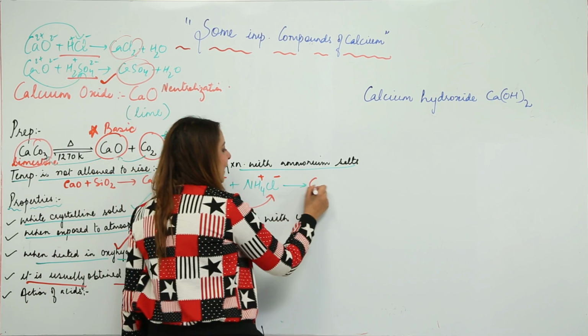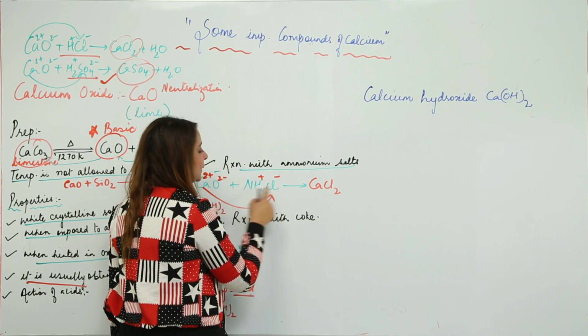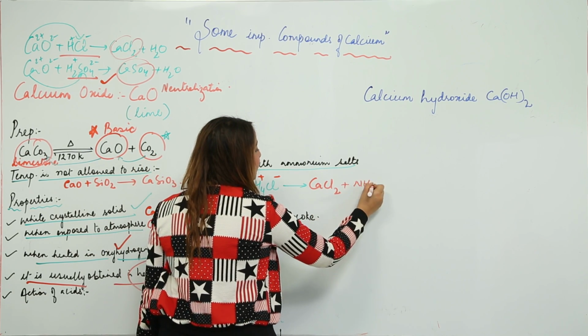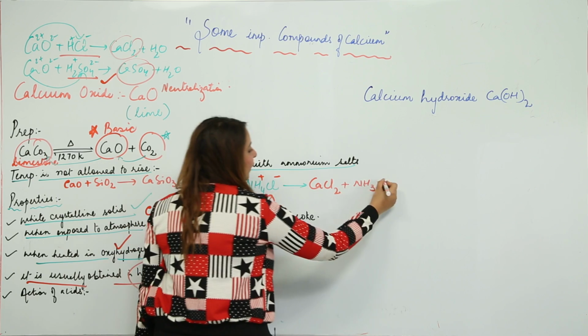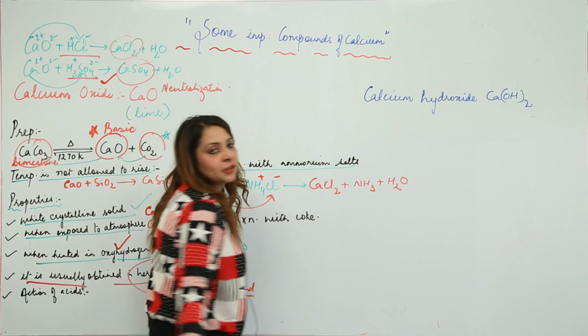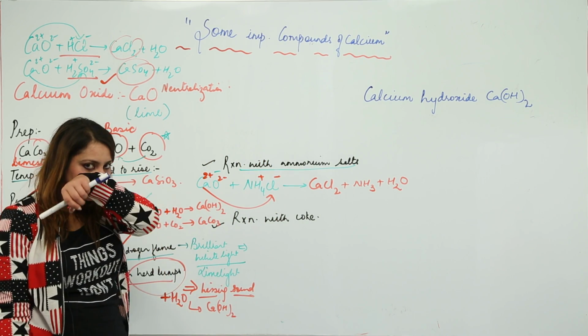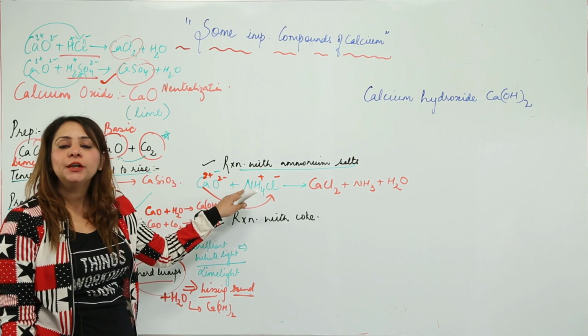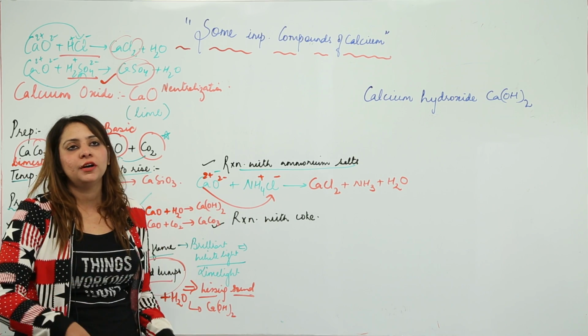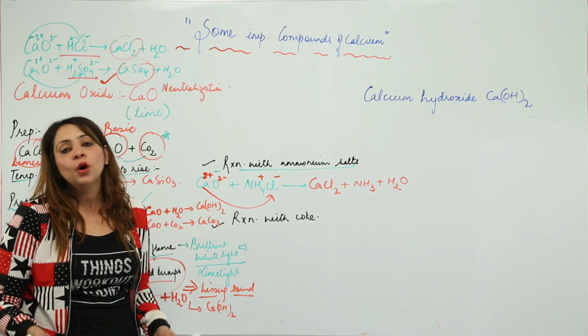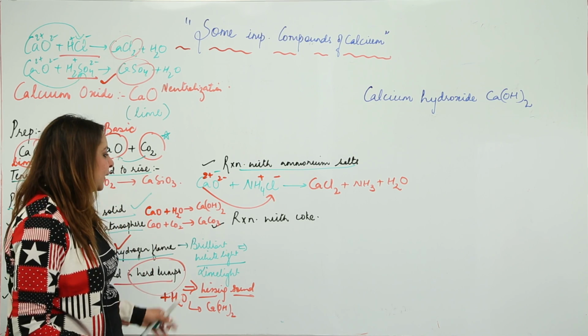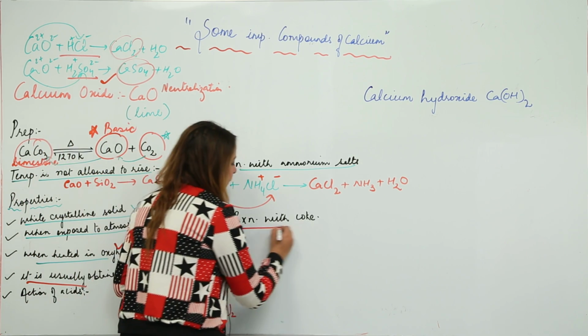What we'll get is calcium chloride. Ammonium ion is always liberated as ammonia, and we also get water. This is how it reacts with ammonium salts. Like I have done it for ammonium chloride, you can do it for ammonium sulfate, ammonium phosphate, whatever ammonium salt you can take.